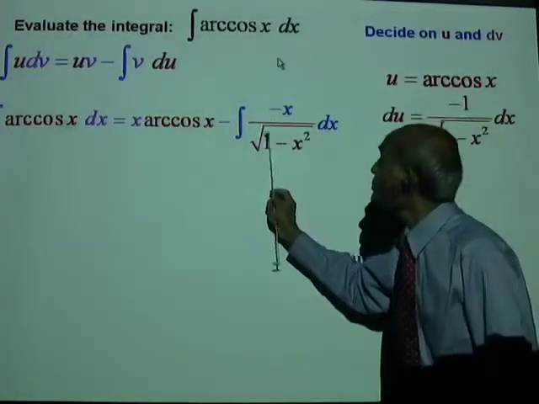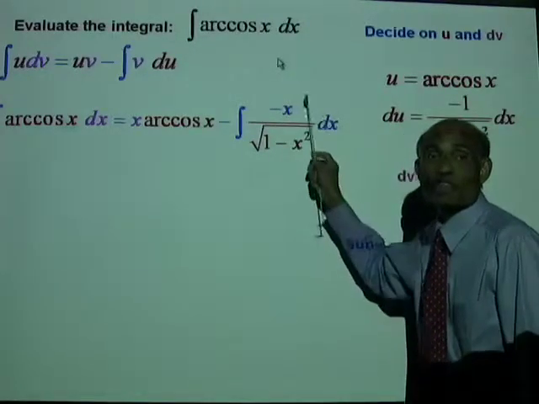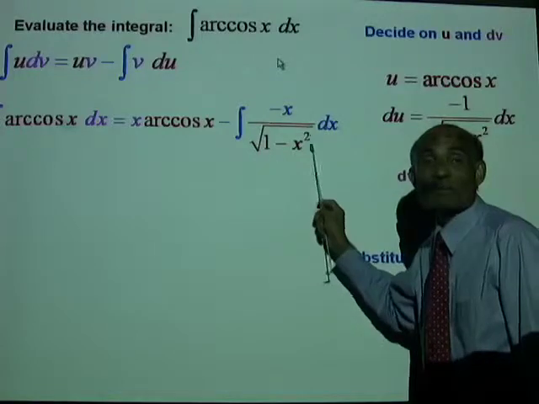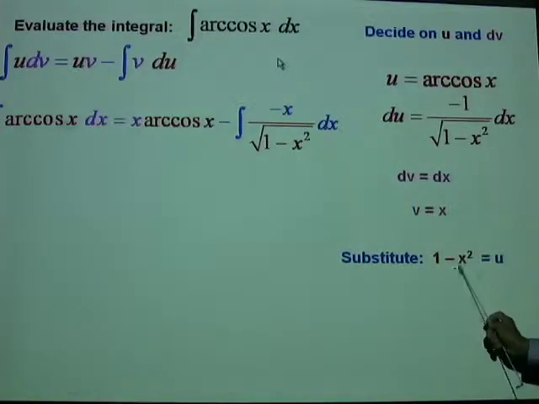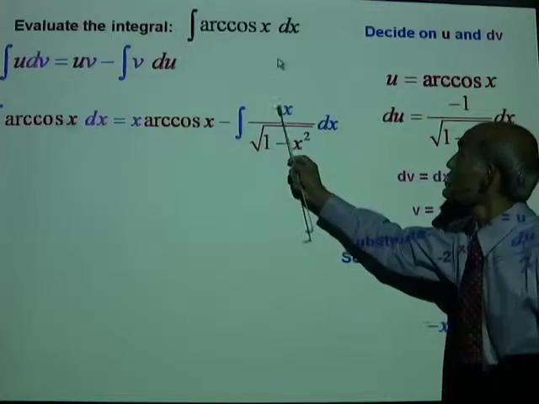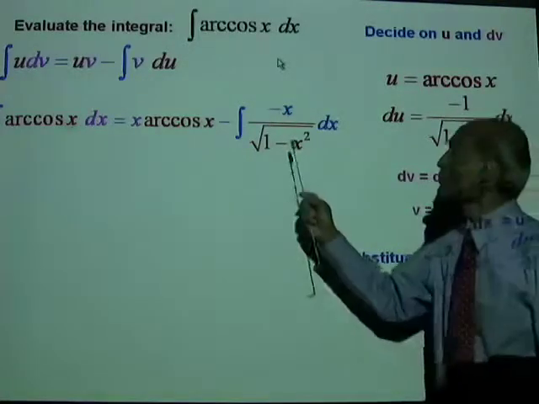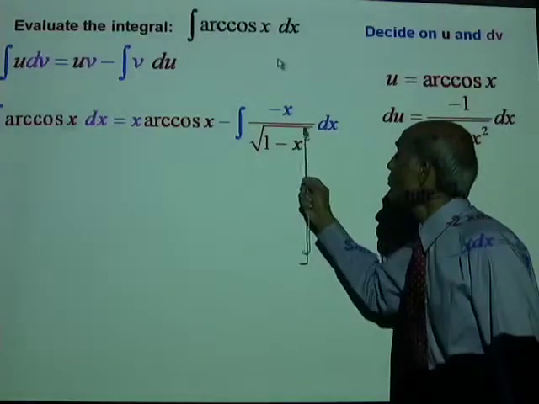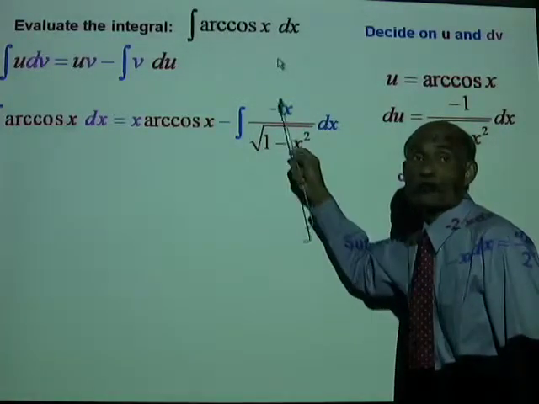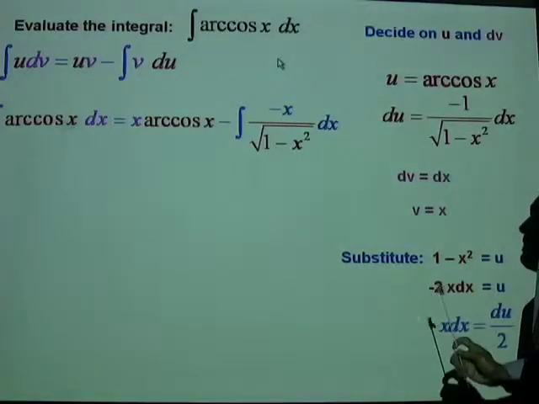And in order to do this integration, we make a substitution. Because there is an x dx there, we can make a substitution. 1 minus x squared equal to u, and that will give me negative 2x dx equal to du, or negative x dx as du over 2. So when you replace 1 minus x squared as u, negative x dx will become du over 2.